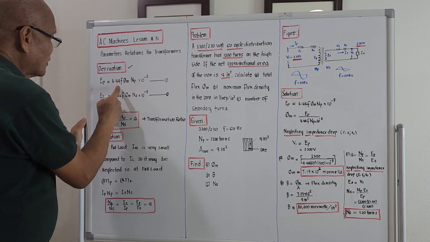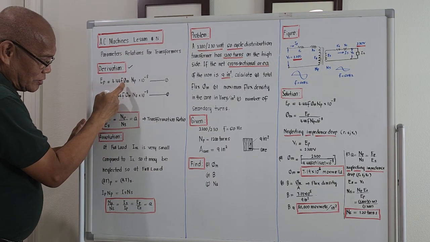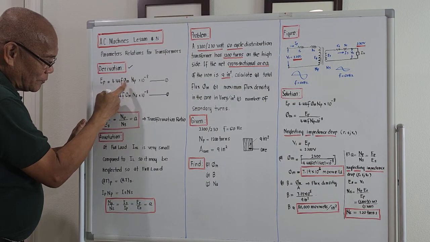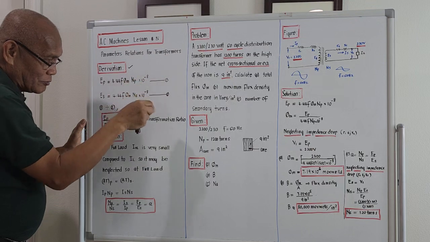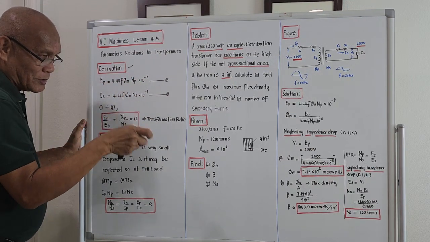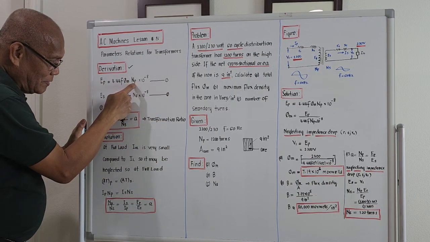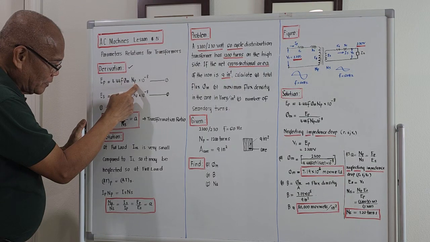It is 4.44 times the frequency times the maximum flux, designated by the Greek letter phi with the subscript M. This subscript M refers to maximum value, times capital letter N, the total number of turns on the primary with the subscript P. So if this is primary, this should be with subscript primary.